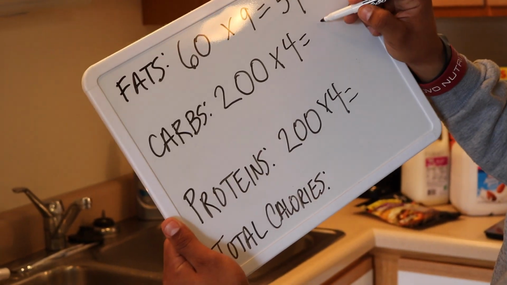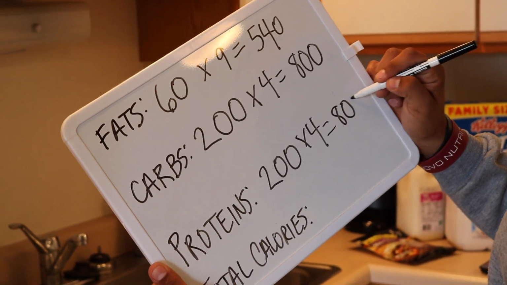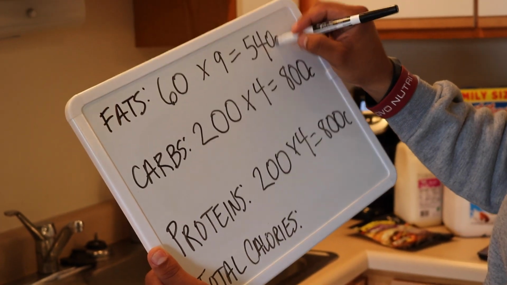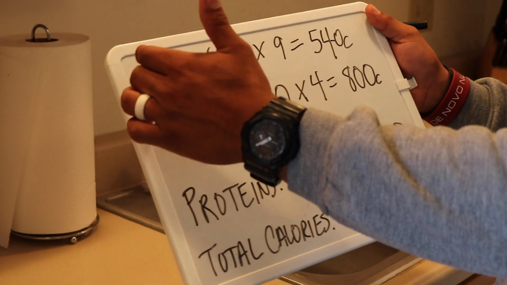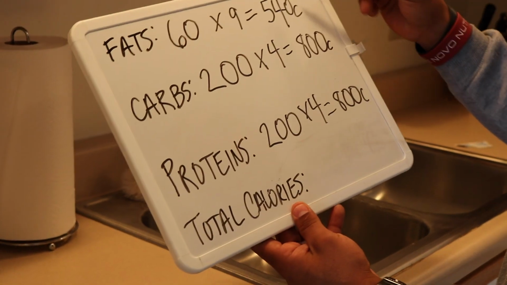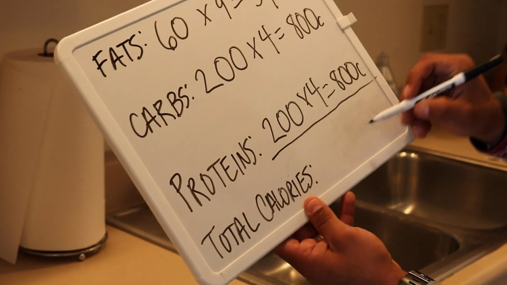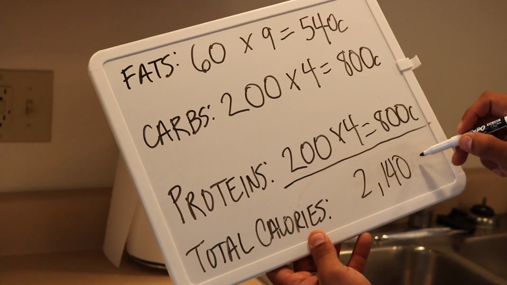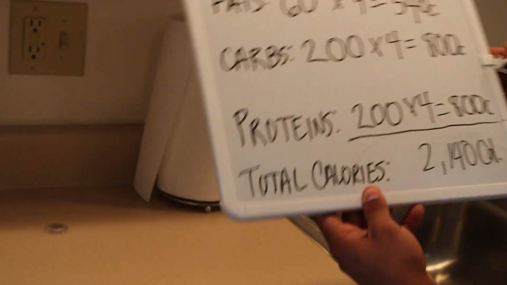This is going to give you a total of 800 calories total from carbs and proteins. Alright, so after you get your 3 total calorie intakes from your 3 macronutrients, you're then going to add up all 3 and get your total calories for the day. So this is going to be 2,140 total calories for the day.